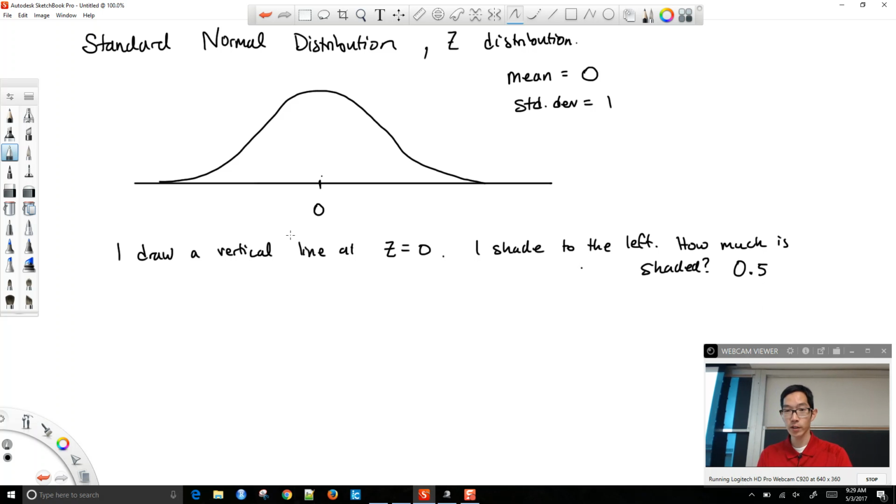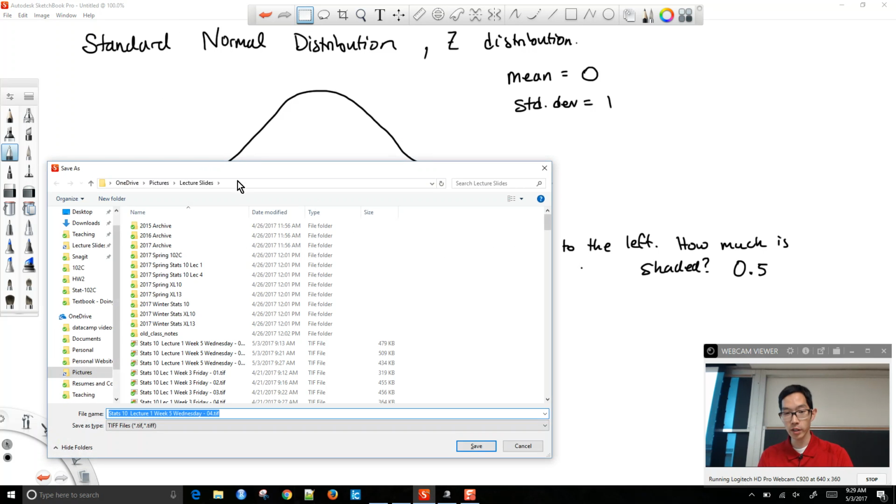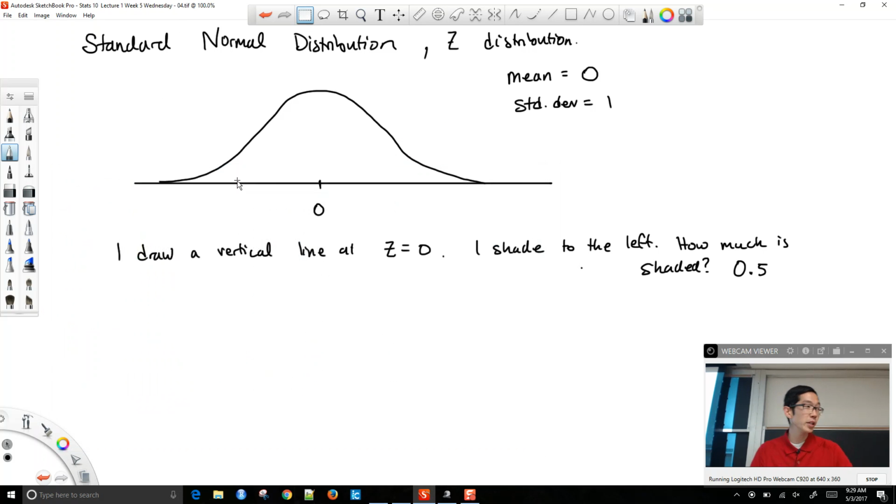If I draw a vertical line at 0 and shade everything to the left, the amount I have shaded will be 0.5. So this is where our tables come in. Some of you got here a little late and might not have picked up a table. If you don't have one, come forward and grab a table from the station up here.